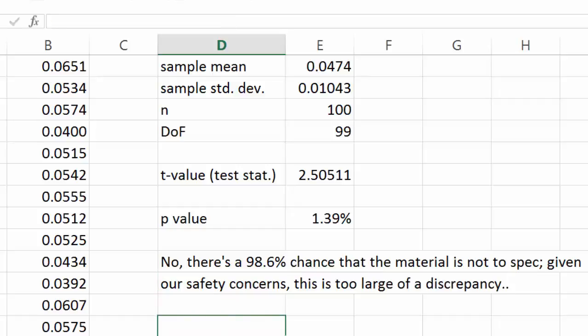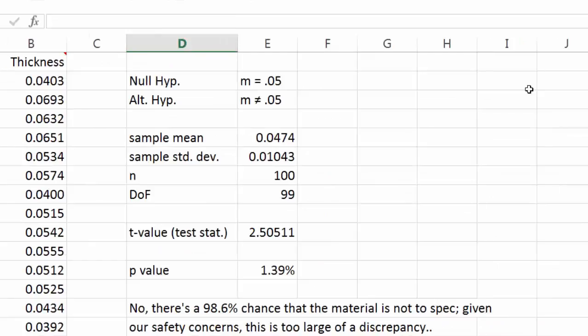And then again, it's going to ask us for which values of the sample mean, i.e. average thickness, would the aircraft manufacturer decide to buy sheets from the supplier? Assume a significance level of 5% in answering this question. Okay, and I just, in my judgment, said that we should probably go with a 1% significance level, not 5. But anyhow, we're going to do the same thing we did in the last problem, and that is to use goal seek to find whatever sample mean would be at the upper and lower bounds of that 5% alpha level.